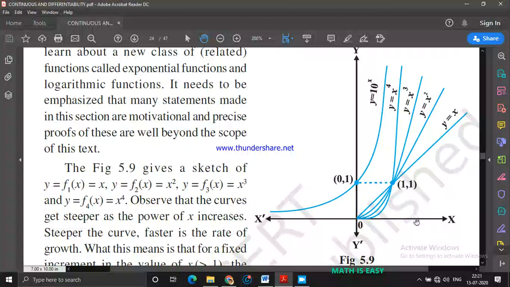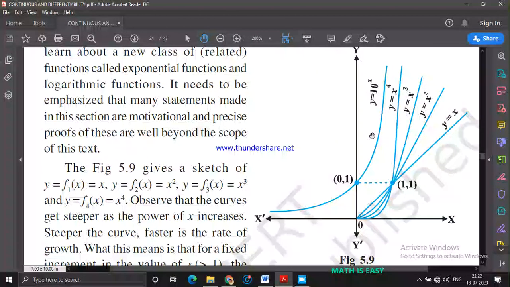When x is 5, for y equals x cube, y equals 5 into 5 into 5, which is 125. So as the power of x increases, the y value increases faster and faster, right?